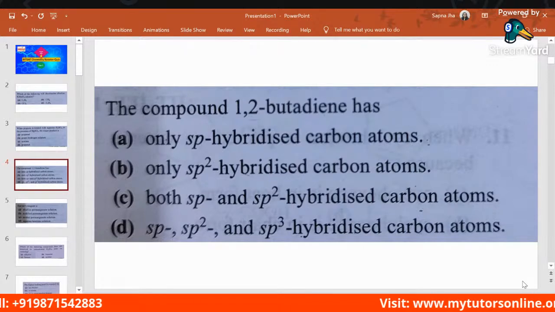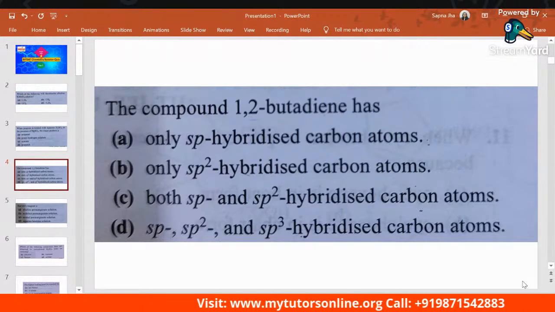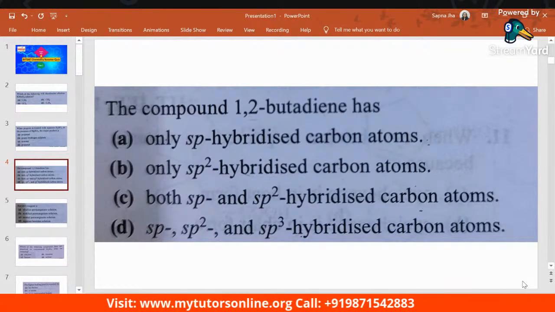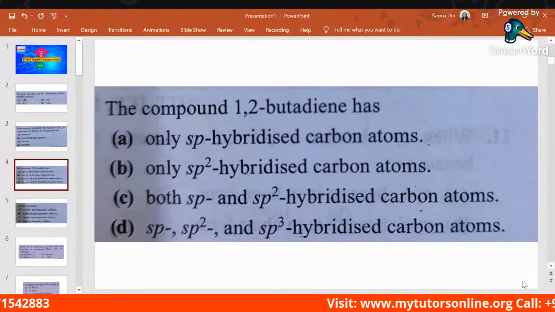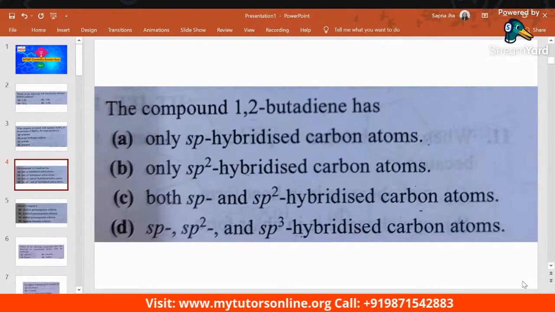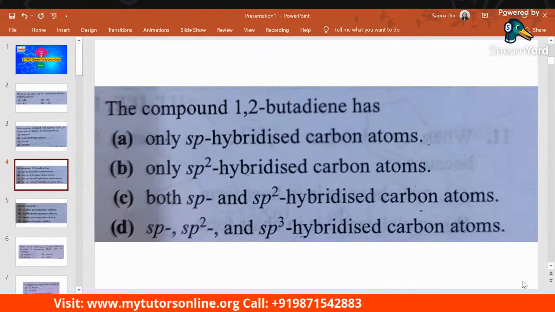Is it only sp hybridized carbon atoms, or only sp2 hybridized carbon atoms, or it is both sp and sp2 hybridized carbon atoms, or it is the 4th option? Let me see who does it very fast.